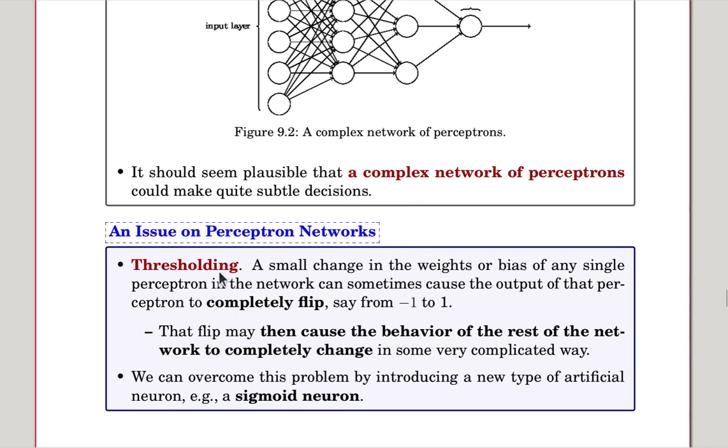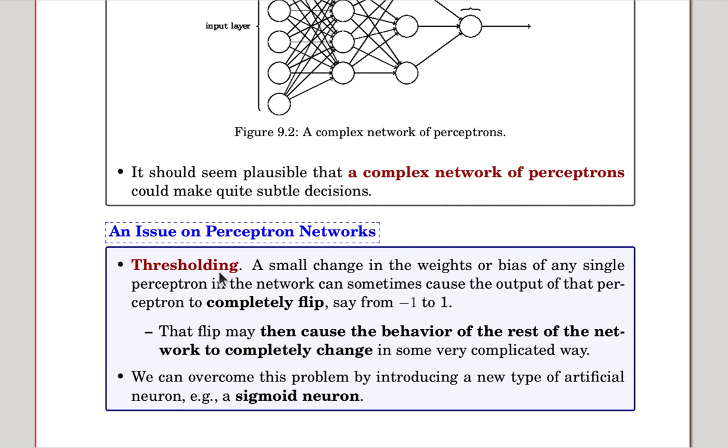Here we have an issue with perceptron networks. The problem is thresholding, so that a small change can flip the value from -1 to 1, so it's not really stable in some sense.